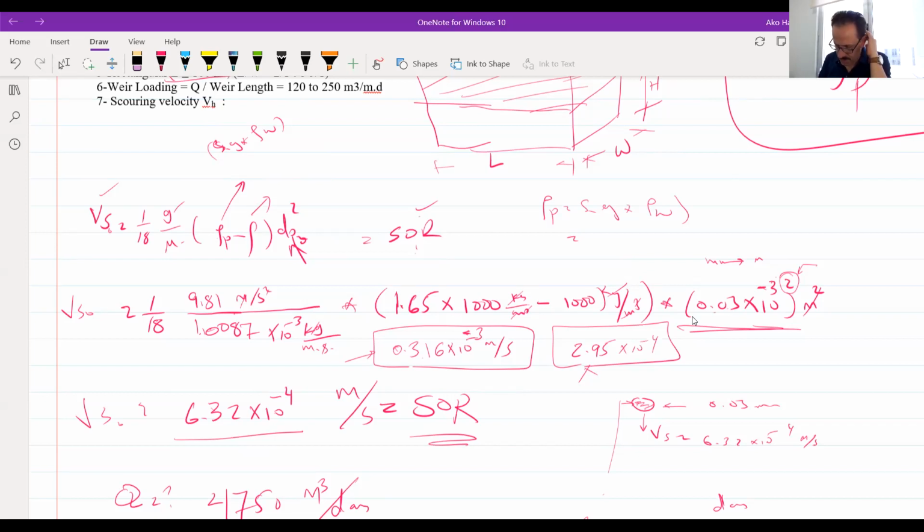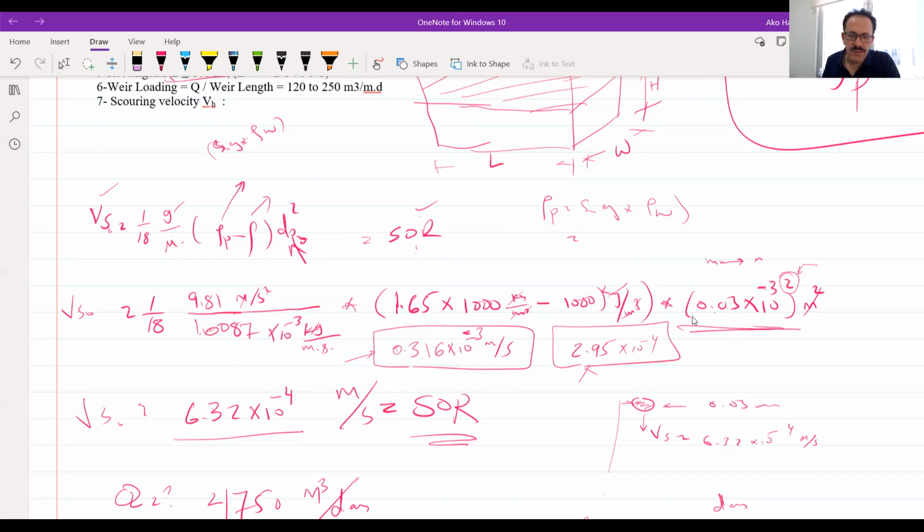So 1.65 minus 1 is 0.65 times 0.03 squared times 1000 times 0.65 times 9.81, divided by 1.0087. It's 0.31 times 10 to the power minus 3. I think mine is true.